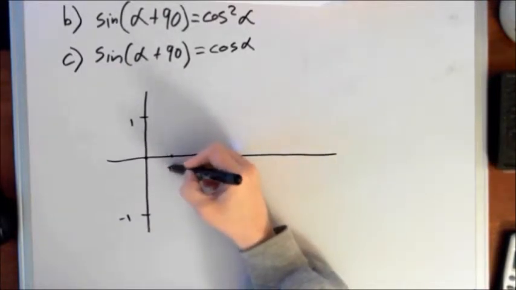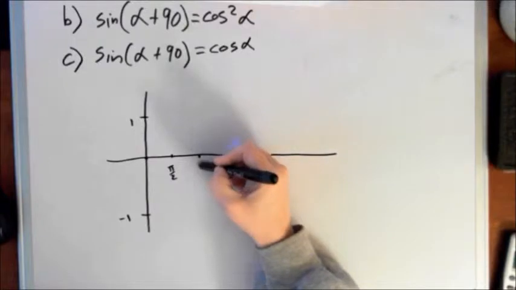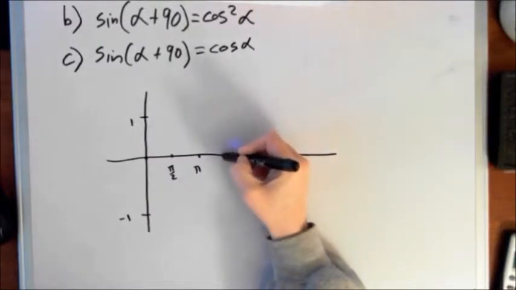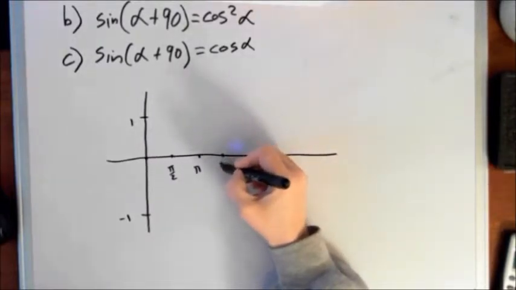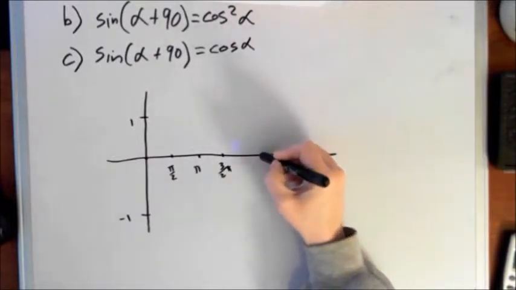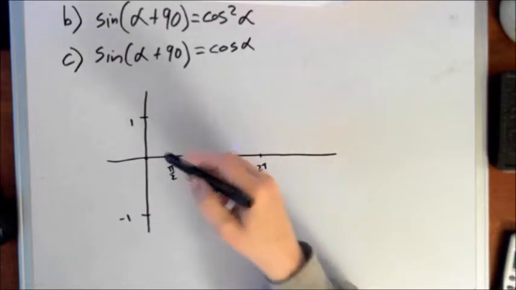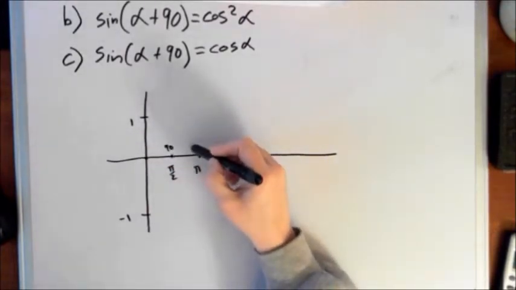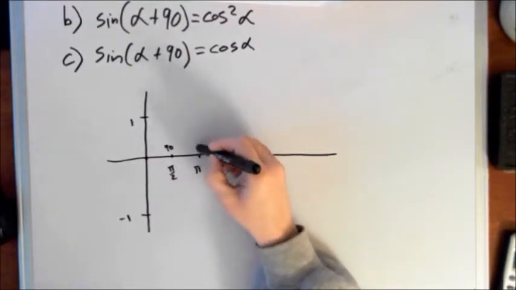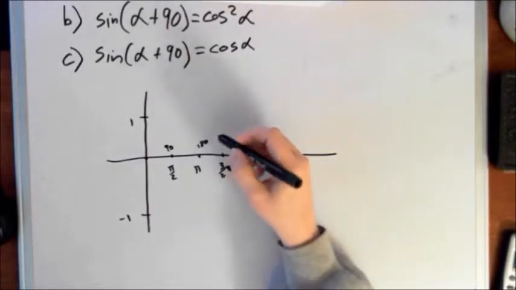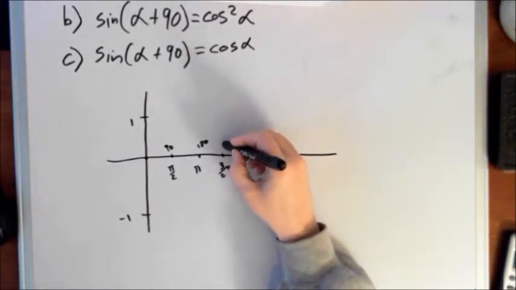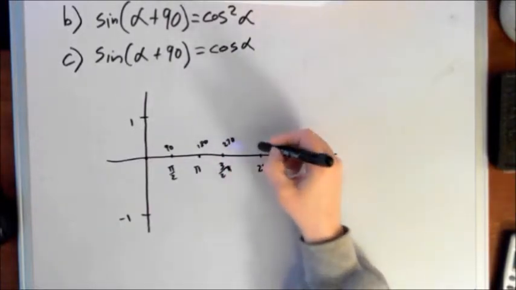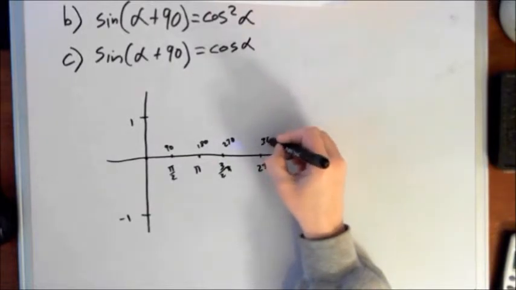We'll go half pi, pi, 3/2 pi, and 2 pi. And this is 90. These 90 and half pi are the same. One's in radians and one is in degrees. It just helps me to look at them both together sometimes. So I'll just write them out.